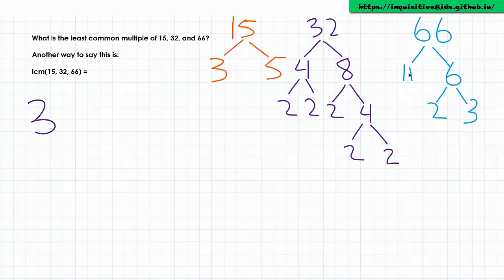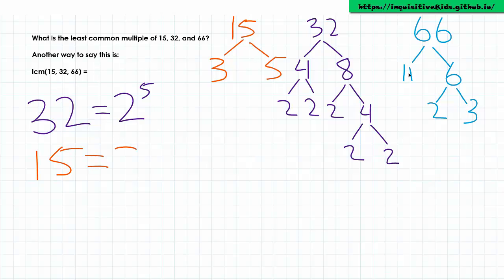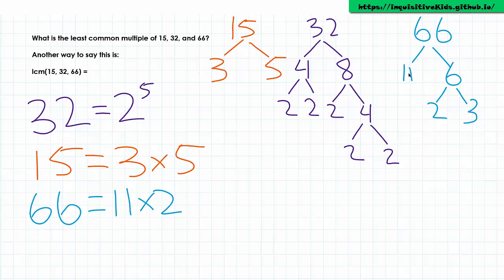So 32 is equal to 2 to the power of 5. And 15 is equal to 3 times 5. 66 is equal to 11 times 2 times 3.